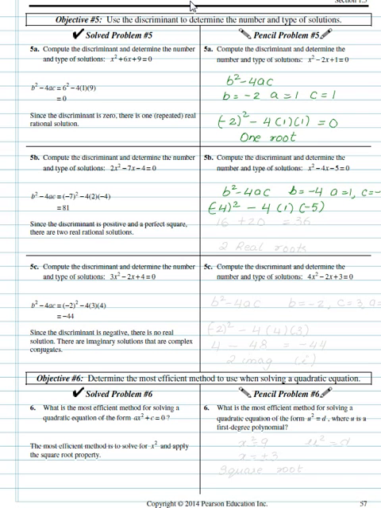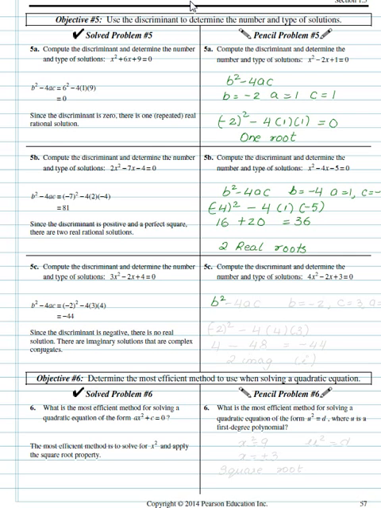Negative 4 squared is 16. Minus 4 times negative 5 is positive 20. That is 36. When the discriminant is positive, we have 2 real roots, or 2 real solutions.